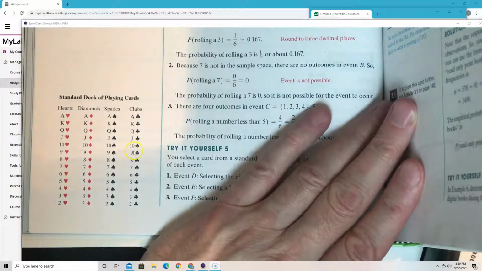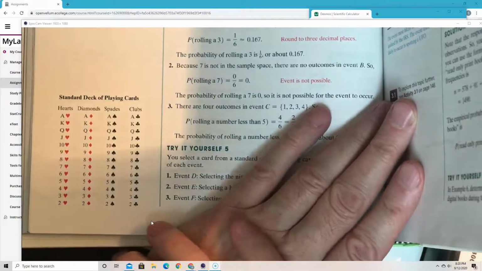You'd say, okay, since I put the first card back in, there's 52 cards. The chance that it's a 5 is not a very good chance, because there's only 4 of them out of the whole deck. And then you would say 4 out of 52 again.